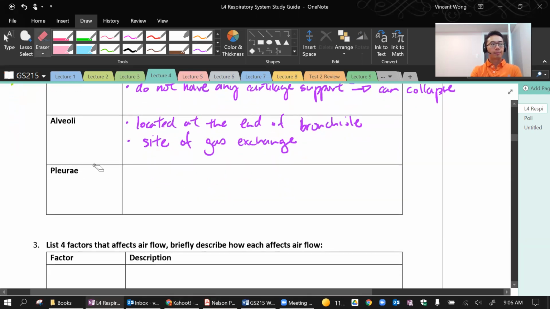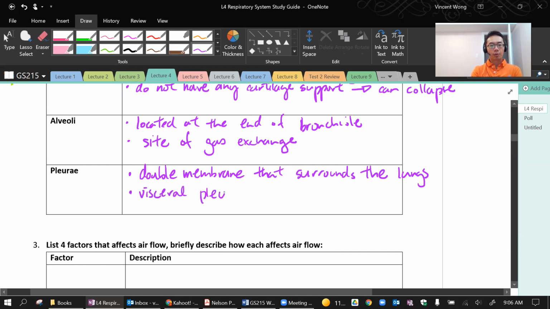Next, we have the pleurae. Okay. So it's like a double membrane that surrounds the lungs. And we have the visceral pleura, which is in direct contact with the lungs.